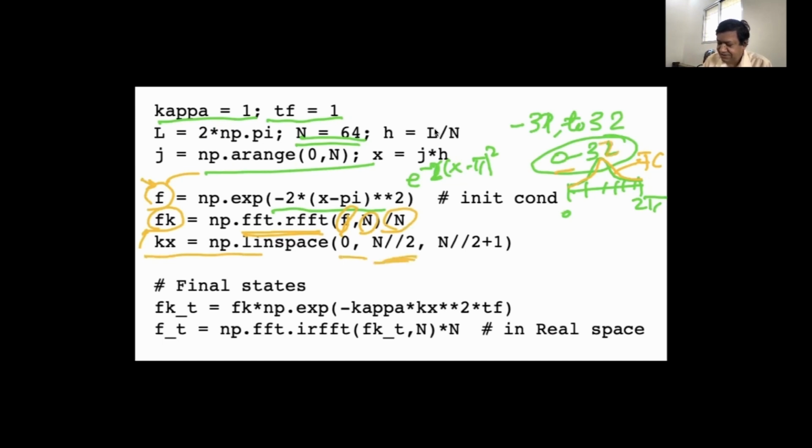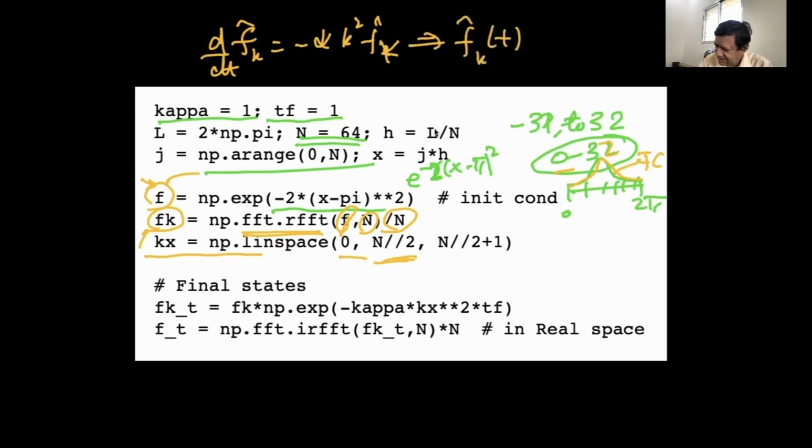Now, how do I get the final state? Since this equation is exactly solvable, if you look at d by dt of f at k, it is minus kappa k squared f at k. This has an exact solution: f at k, t equals f at k, 0 times exponential of minus kappa k squared t.